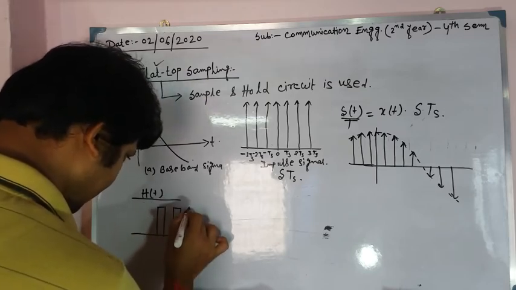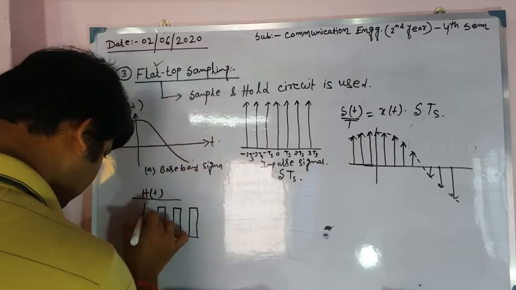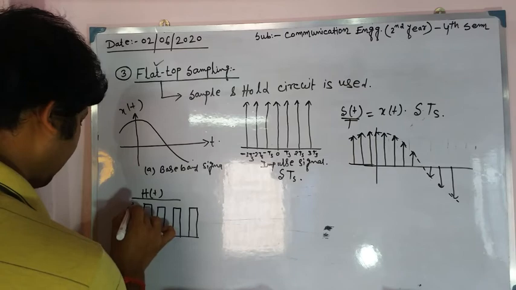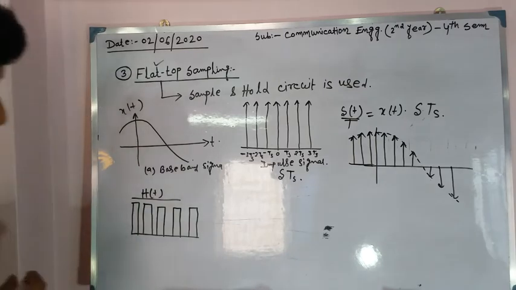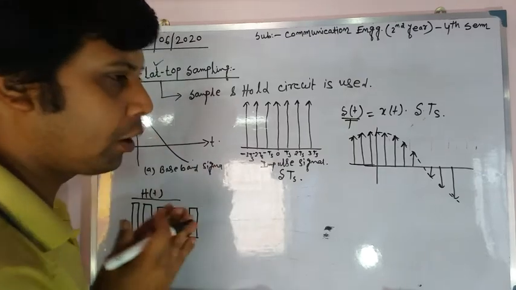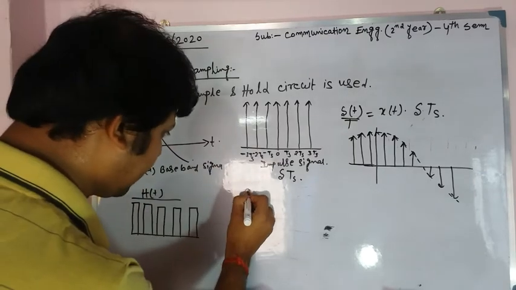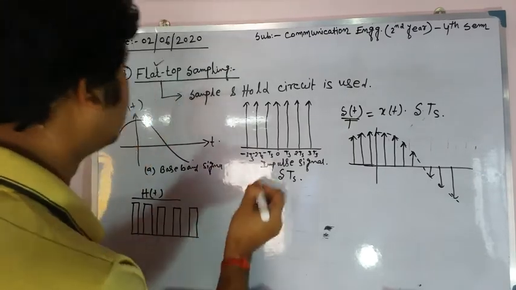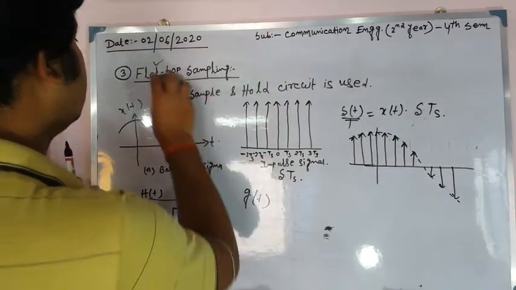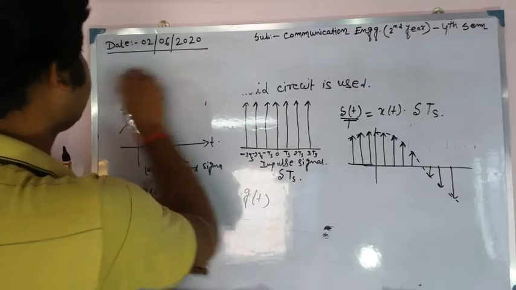This is the rectangular pulse which is denoted by h(t). And the output of the sample and hold circuit is denoted by g(t).